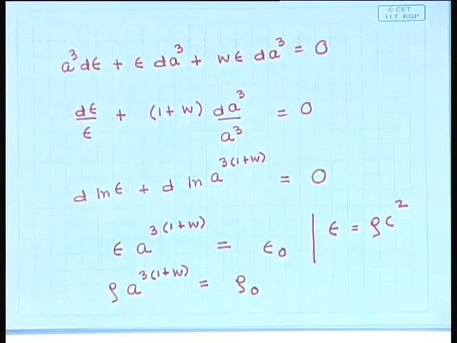So, let us check first whether this matches with what we have already learnt. A pressureless fluid is what we refer to as dust. Let us take up two cases.